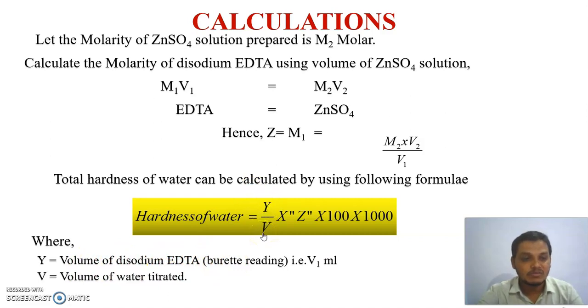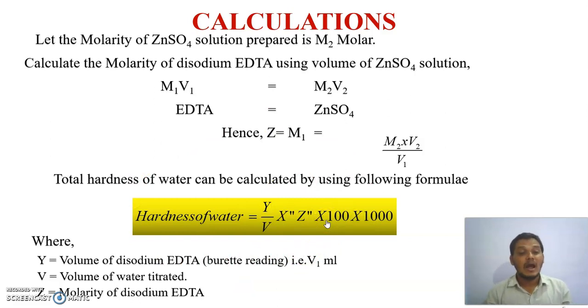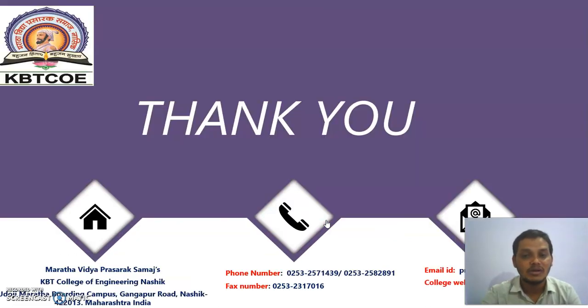And V is what? The volume of water sample titrated, almost 25, right. And Z is what? The molarity of disodium EDTA. So by using this formula we can easily calculate the hardness of the water sample. Total hardness of water sample is equal to temporary hardness plus permanent hardness. By using this formula we can easily calculate the total hardness of the water sample.